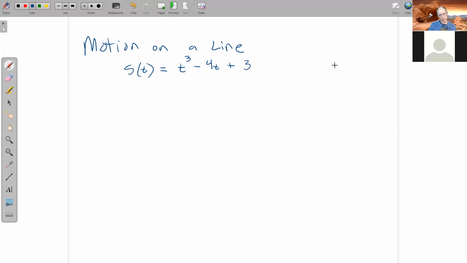This object's moving on a straight line. That describes its position on the straight line at any particular time. What we want to know is the velocity, the speed, and the acceleration at any time.